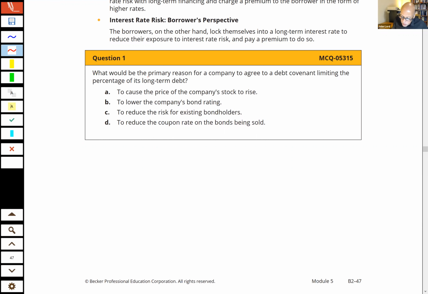Key word here, guys. What do you think? Primary is an important word here.